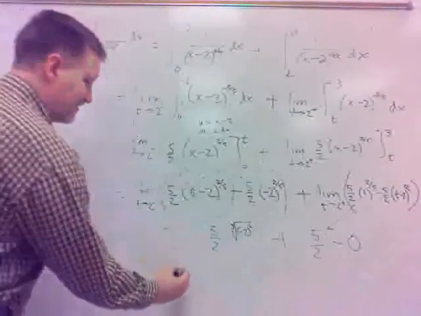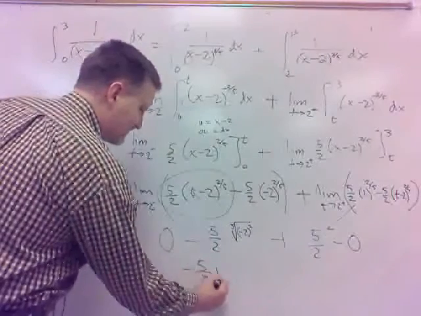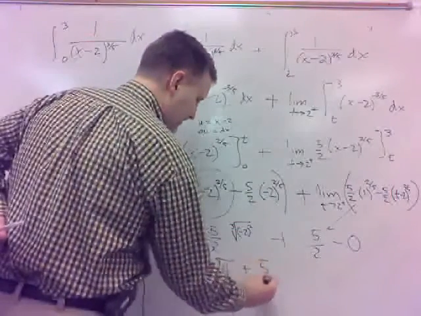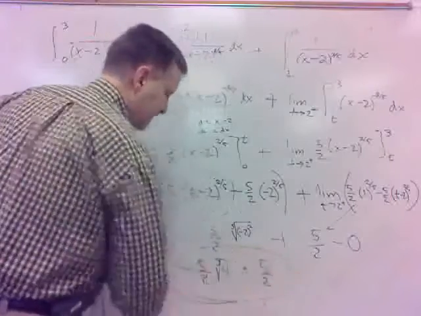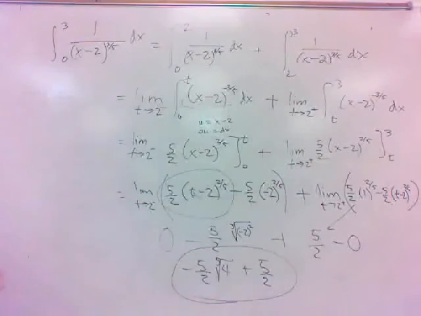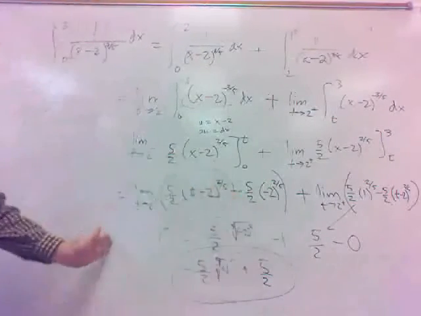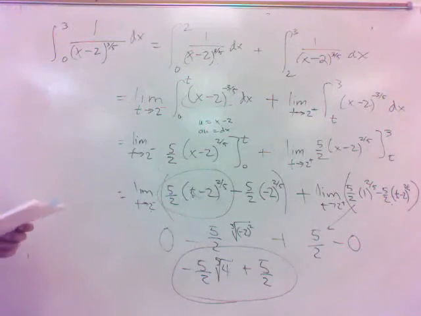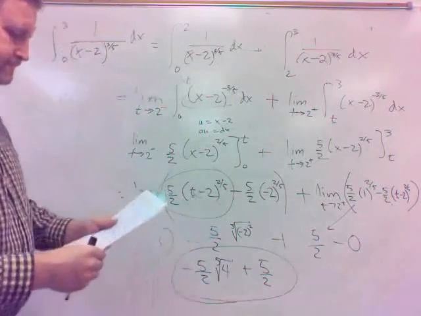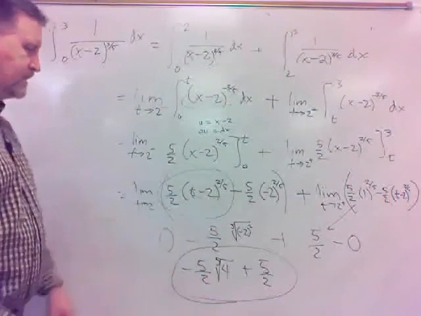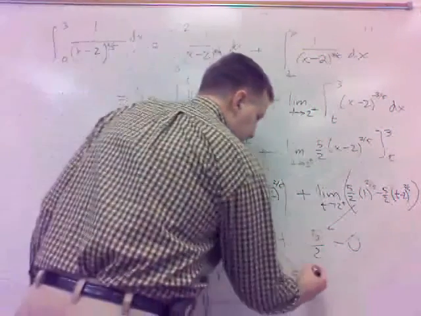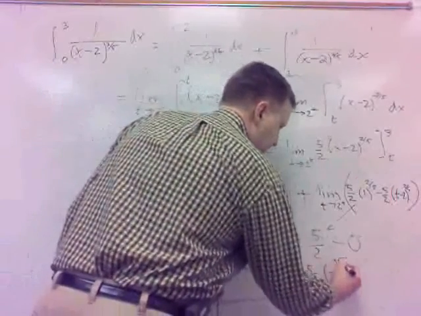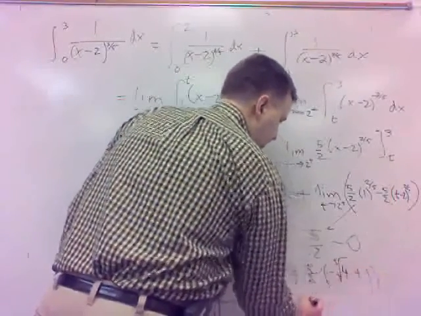So we get minus 5/2 times the 5th root of 4, or plus 5/2. Yeah, you could factor a 5/2 out and make it 5/2 times the quantity 5th root of 4 plus 1, if you so desire.